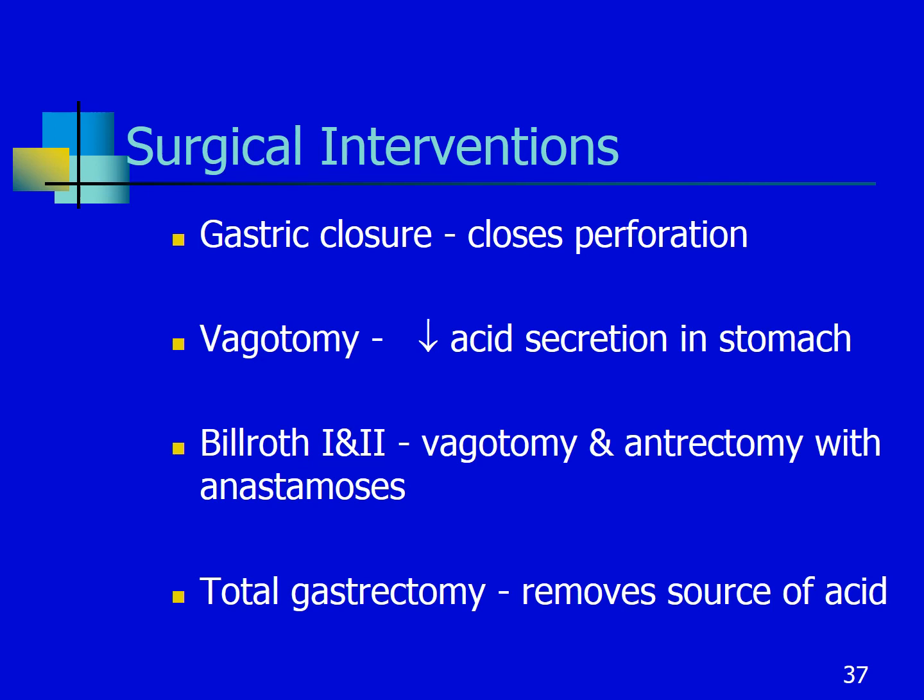Or Billroth 1 and 2, where they're doing not just the vagotomy, but also an anastomosis with it, and a removal of the distal half of the stomach. And antrectomy, all right? Or we can do total gastrectomy.